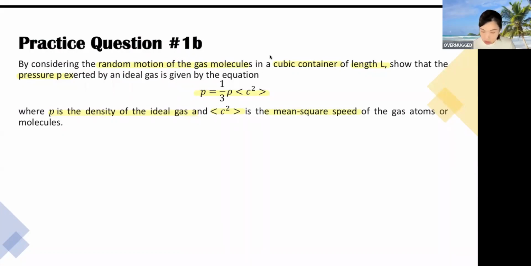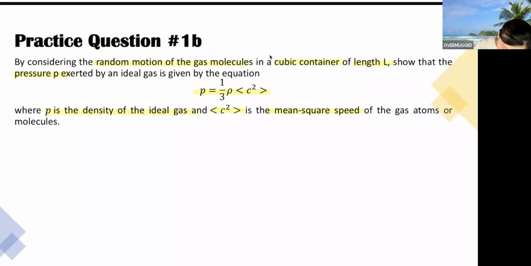Now, in order to do this question, we need to do a little bit of definition, which means to say that we need to define something. Okay, so first thing here, let's first consider one molecule of gas with mass m that is moving at a speed of cx in the x direction.